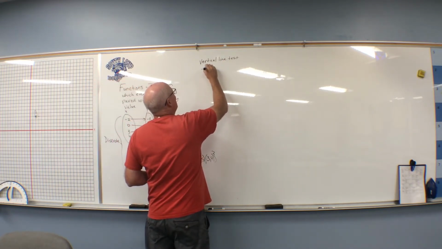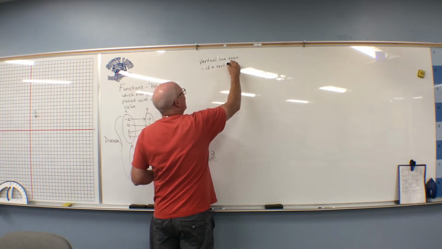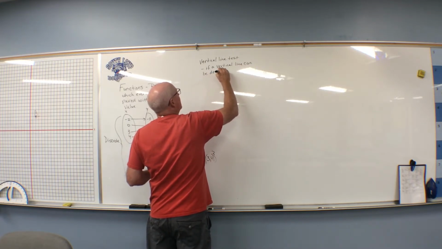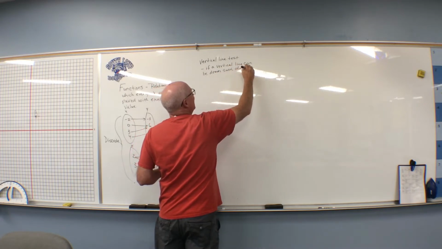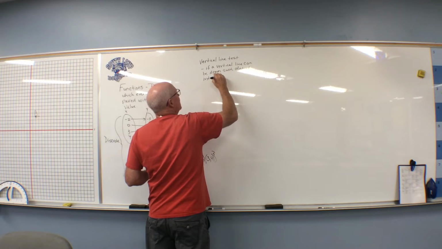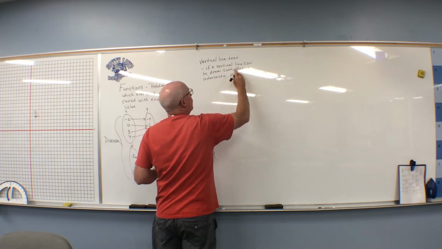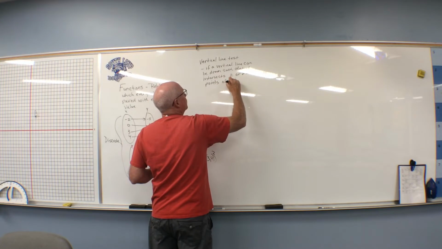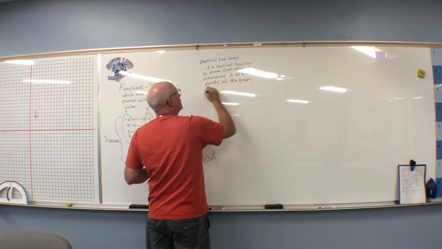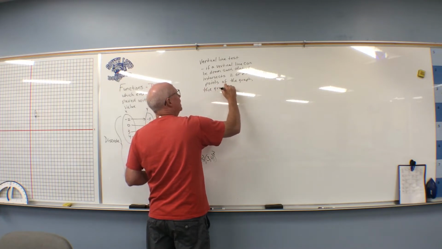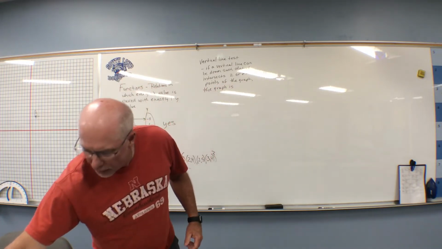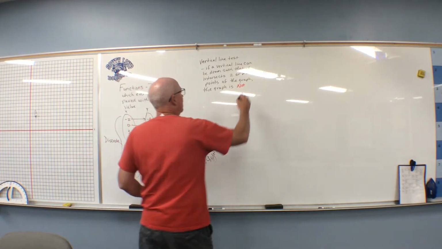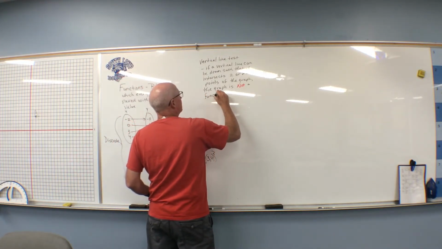It says this: if a vertical line can be drawn such that it intersects two or more points on the graph, now listen to this, the graph is, for emphasis sake, not a function. Okay? It's not a function.